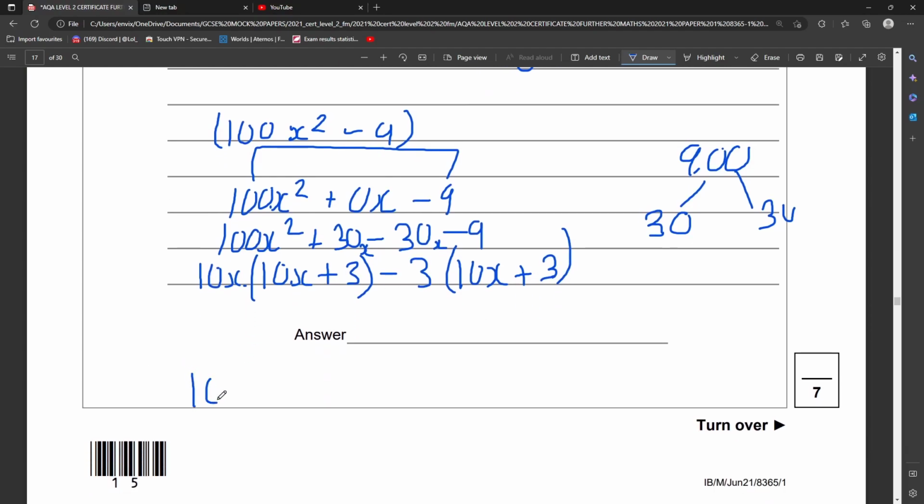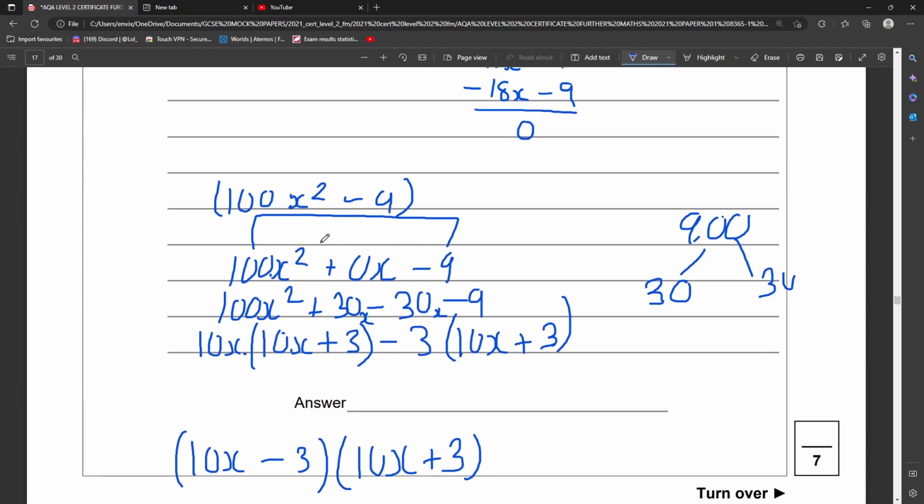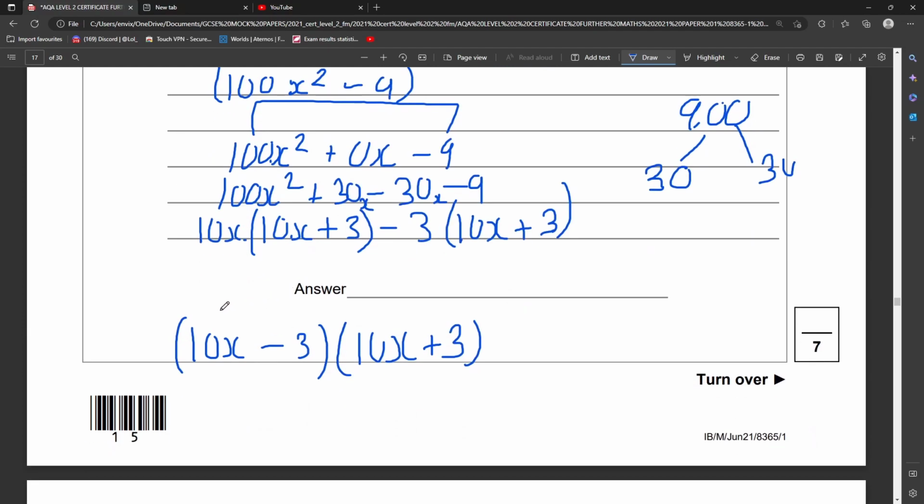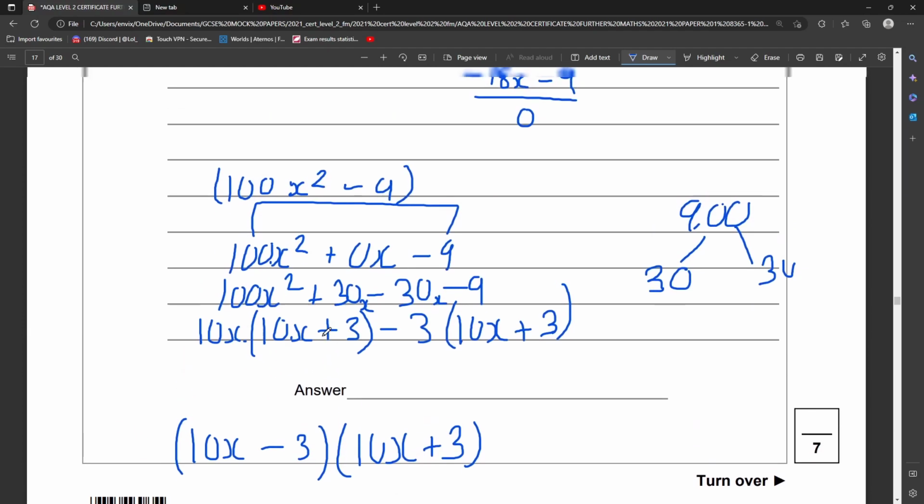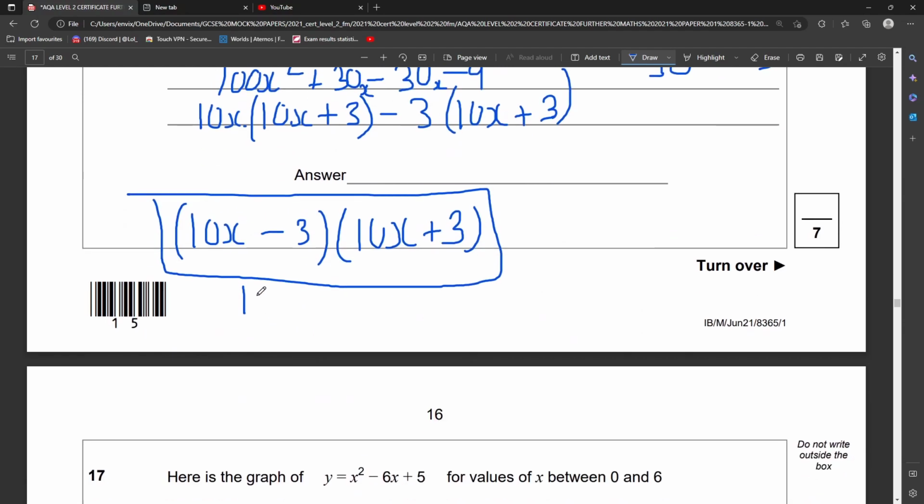And 10x minus 3, 10x plus 3. And it's clearly the difference of two squares. We can solve it, so we can say that 10x equals 3, and 10x equals negative 3, and x equals negative 3 over 10, and x equals 3/10.